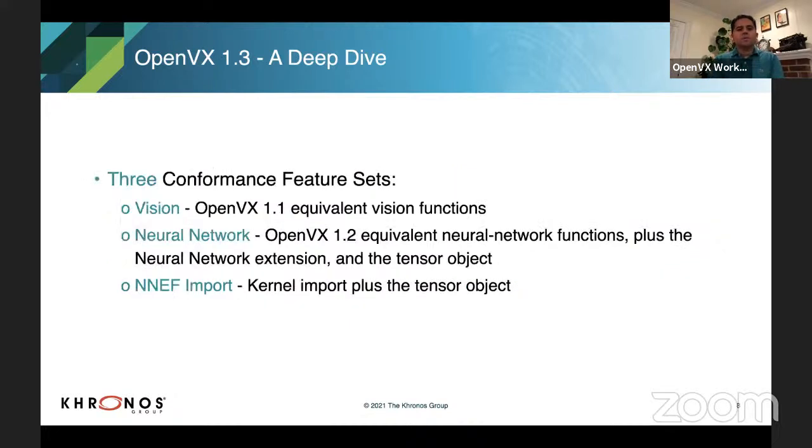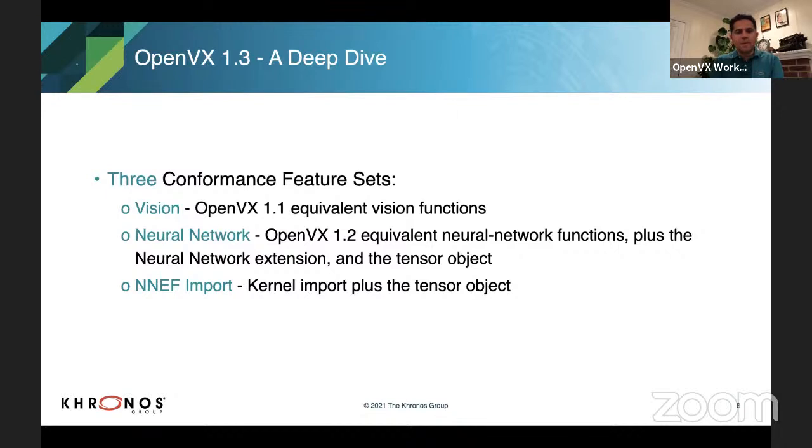So in the conformance feature sets today, in 1.3, we have the vision feature set, the neural net feature set, and the NNEF feature set. The vision feature set hasn't changed much since 1.1. The core vision functions are still the same. We have all the functions which we put together in 1.1.